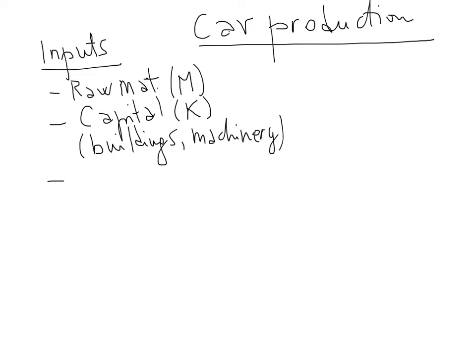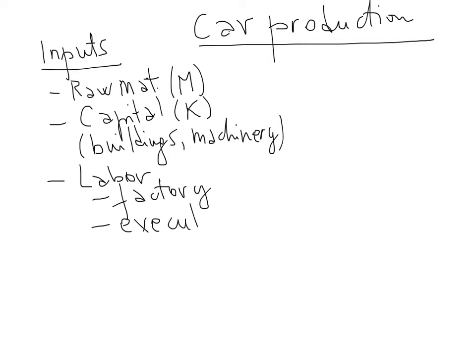Then we are going to need labor. And here labor can be factory labor, or the people hired in the production process, and then we have executive labor. For factory labor, usually the notation is L. Of course, we need some land where we build or buy or rent our buildings to have our plant and so forth.